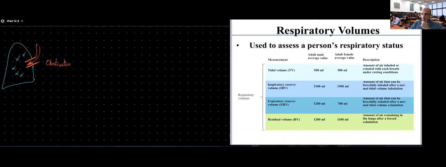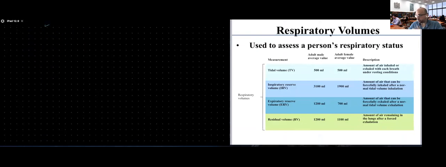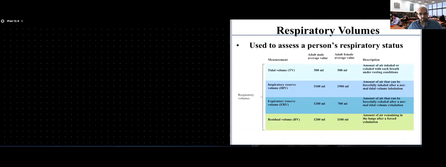All right, so are you currently breathing? Are you breathing right now? When you're sitting, you're not exerting any effort to breathe. Do you breathe? Is there air moving in and out? Yes. So in this air, do you notice it?